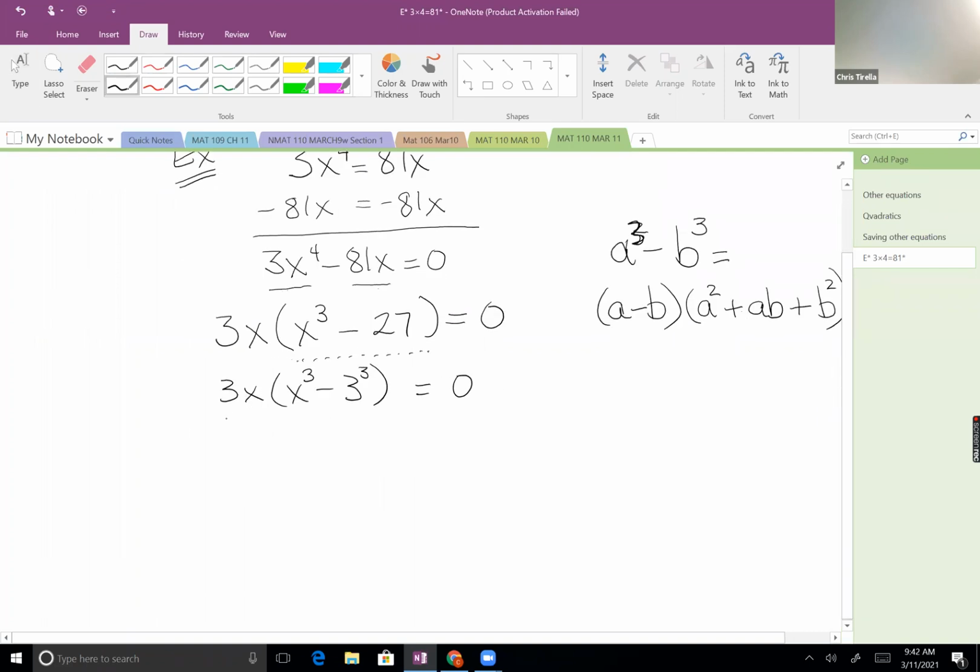Which means we're going to keep our factor of 3x, because this is x to the 3rd minus 3 to the 3rd. We'll have a factor of x minus 3. And then we'll have a trinomial factor, x squared. Because we've got a minus here, it'll be a plus. Multiply those two quantities, 3x, plus square that last one, 9.